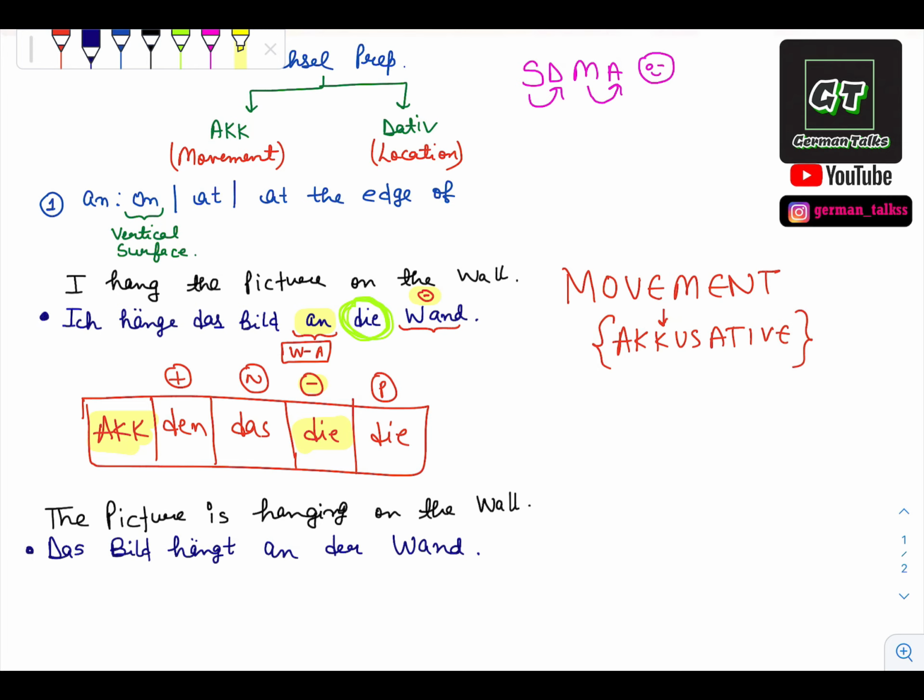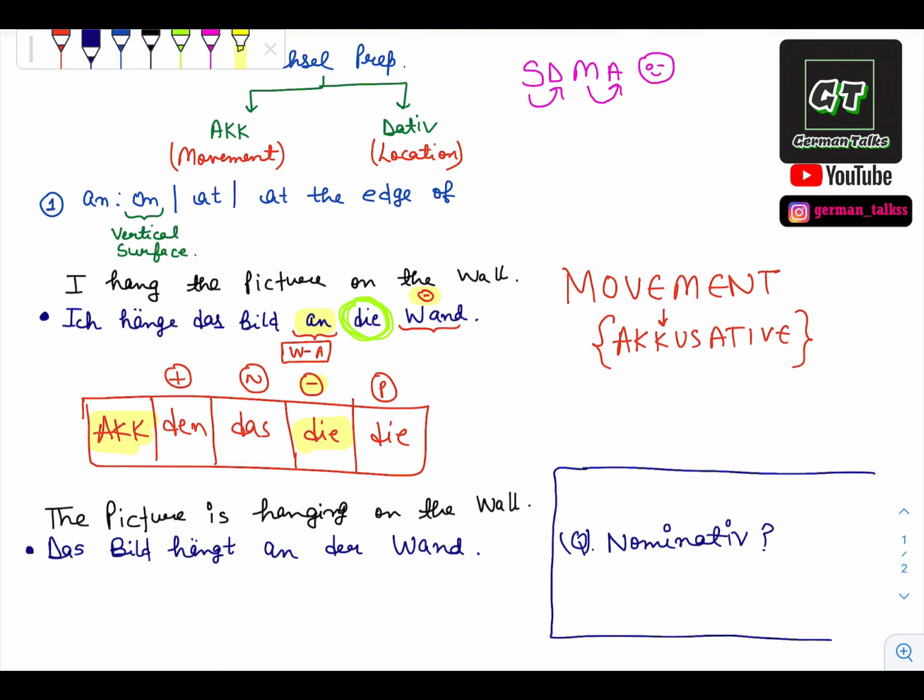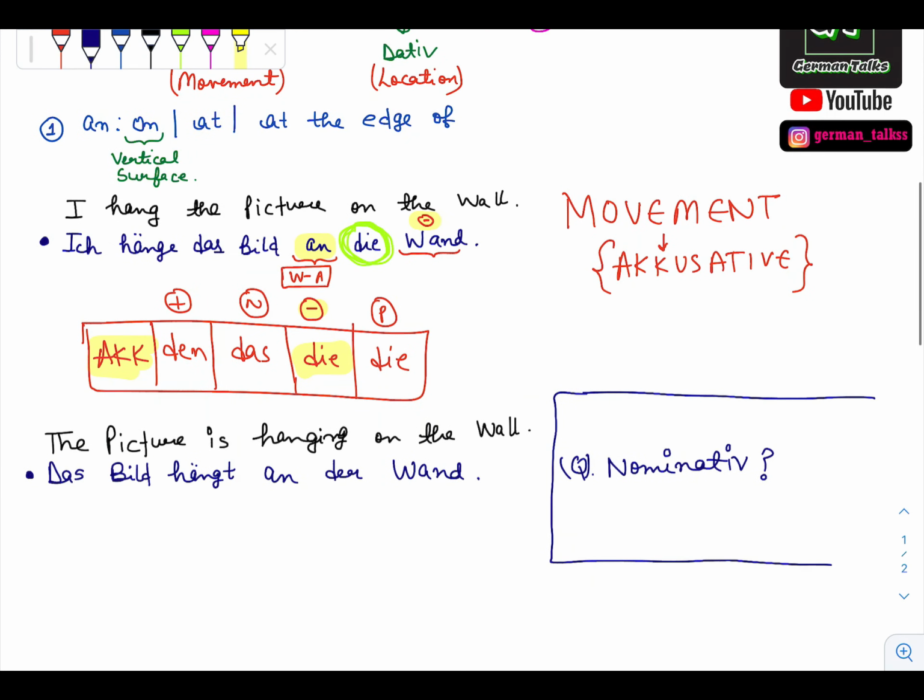If you want to do a revision here, I will ask you one question. What is the nominative in this sentence? If you are finding difficulty, you can make a note here.